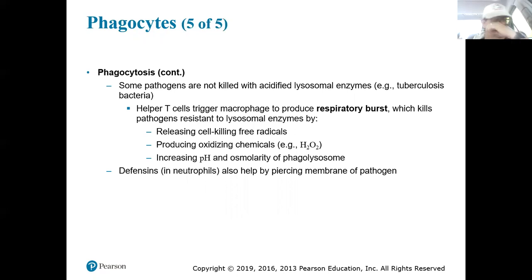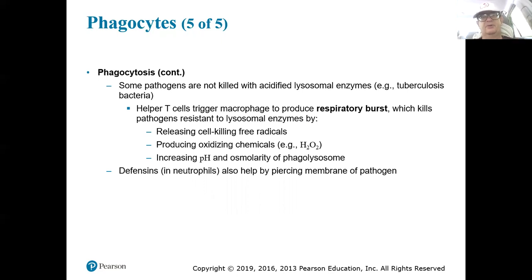The macrophage then, instead of just eating, has some other weapons. It can do a respiratory burst, and that can kill things that it can't digest. That means it can release a bunch of free radicals. We're talking about things like oxygens. And oxygen, remember, is super reactive.